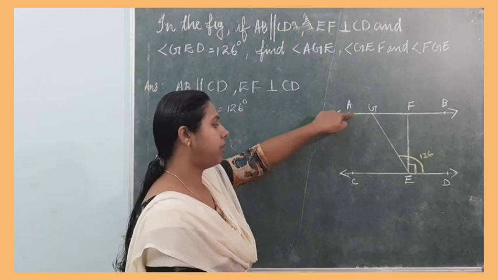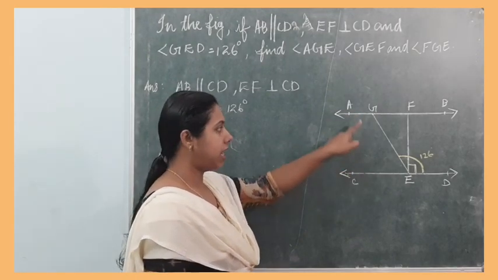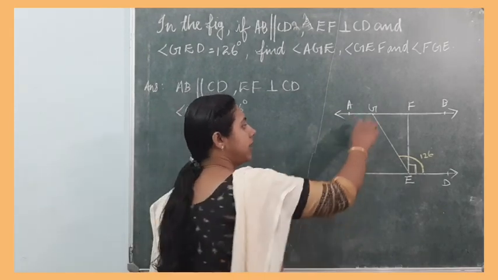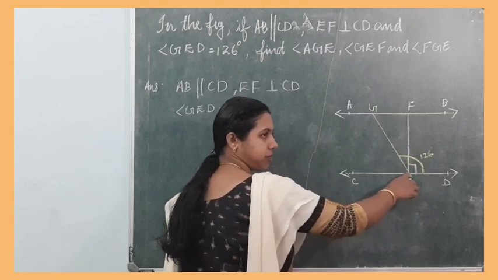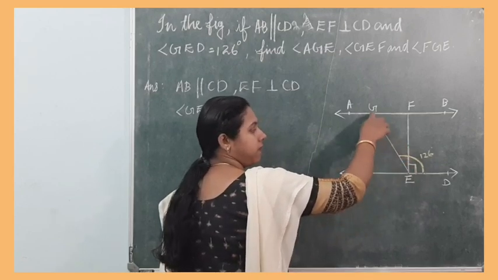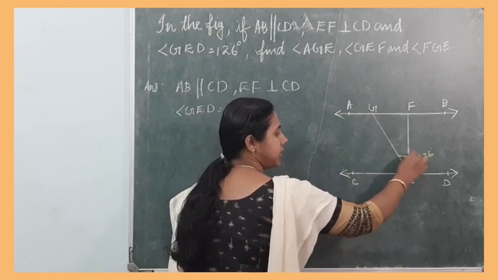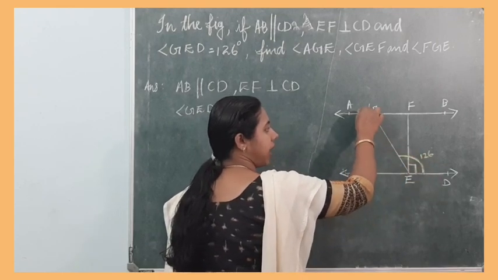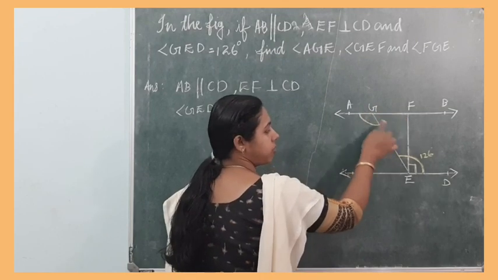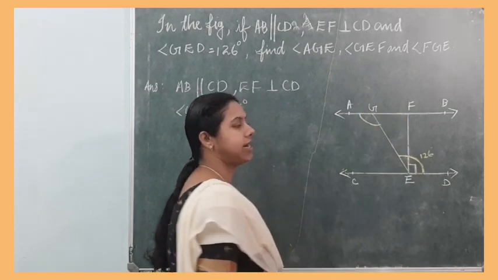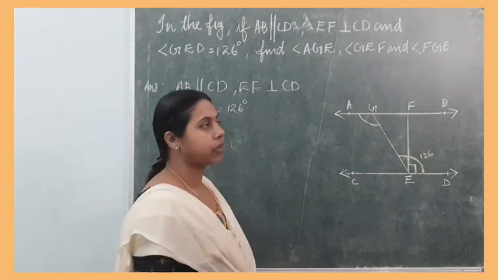And it's given AB parallel to CD. If these two lines are parallel, then GE is the transversal. If GE is a transversal and these two lines are parallel, then this angle is equal to angle AGE because they are alternate interior angles.